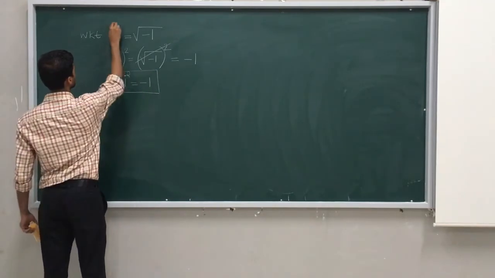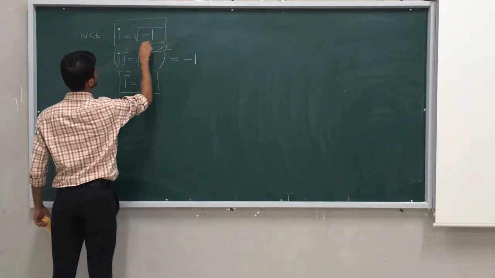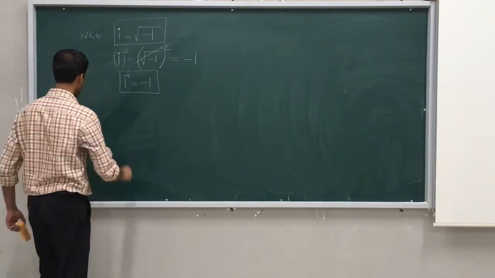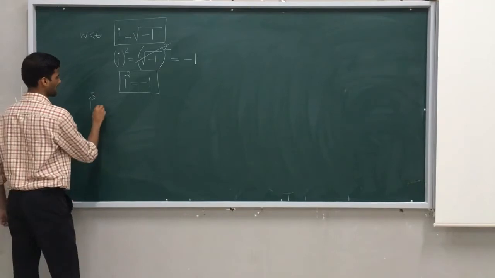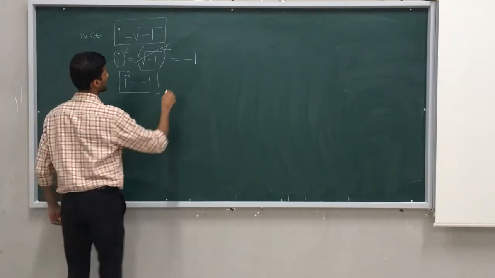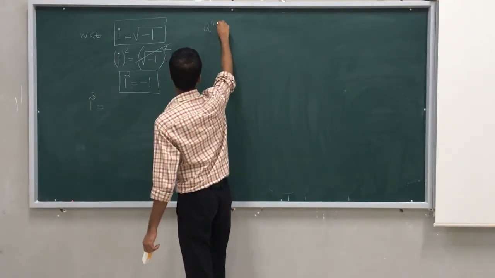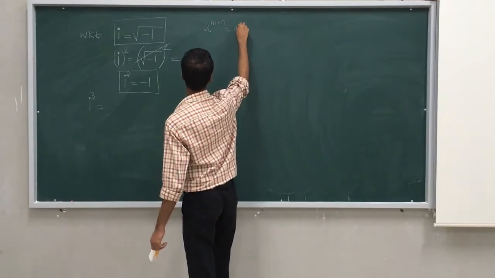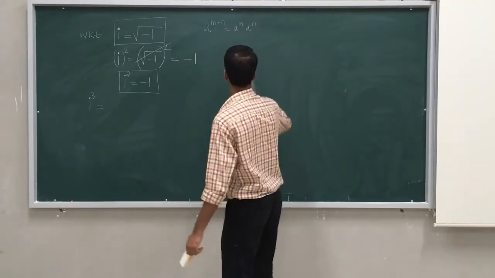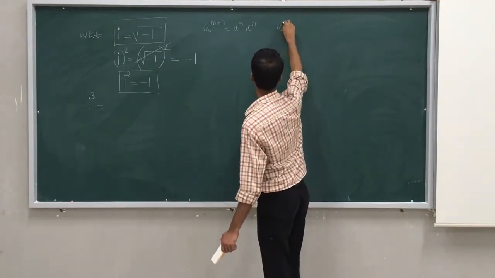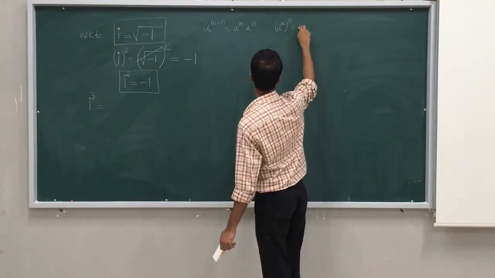That you studied with i equals root of minus 1. Now how to find i cube? I know that a power m plus n is a power m into a power n. One more thing is a power m whole power n is a power mn.